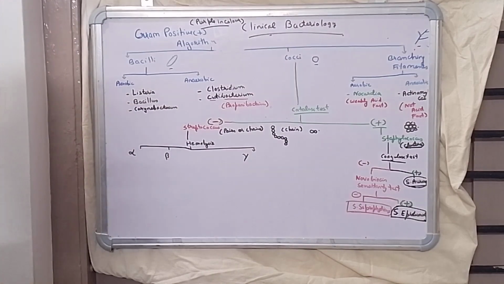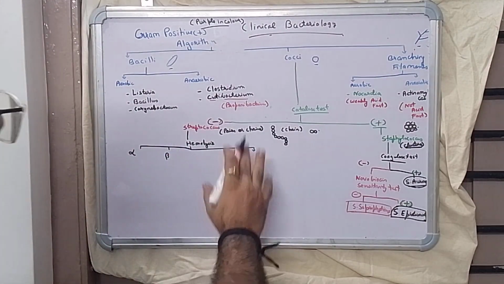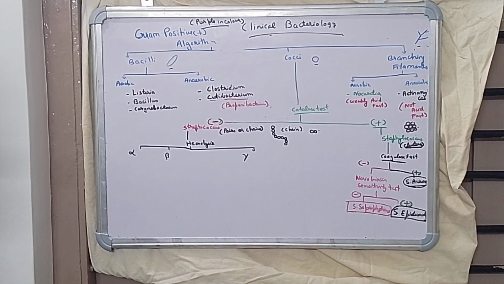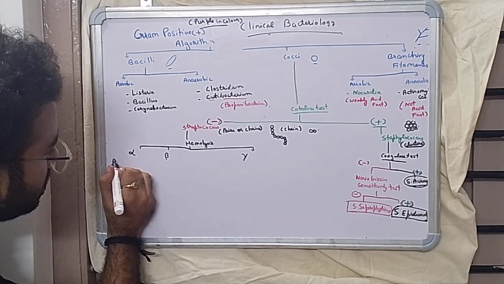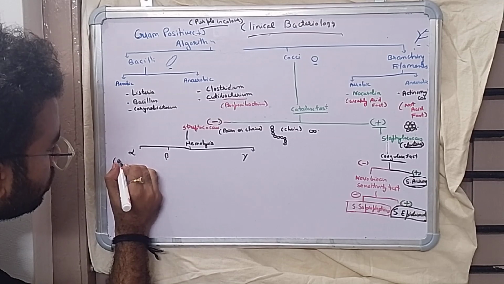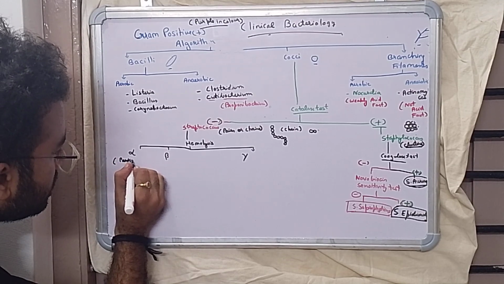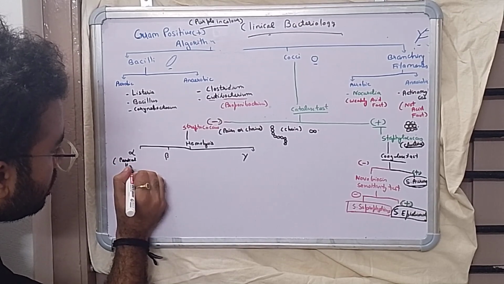What is alpha, beta, and gamma? Please understand this. Alpha hemolysis means it is partially denaturing hemoglobin. Partial hemolysis, I can write partial hemolysis.